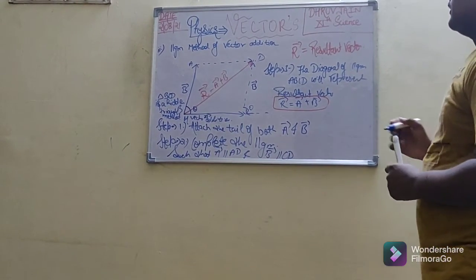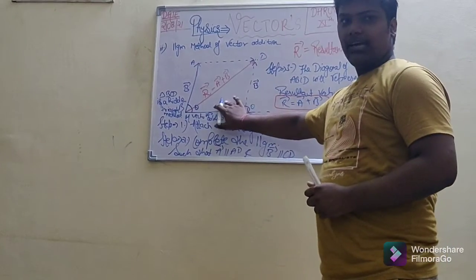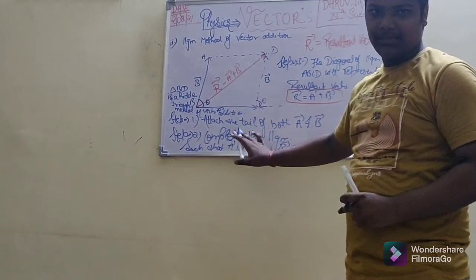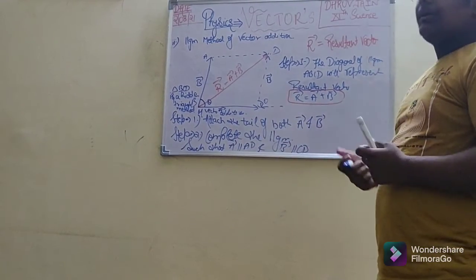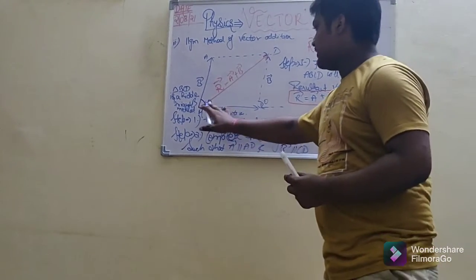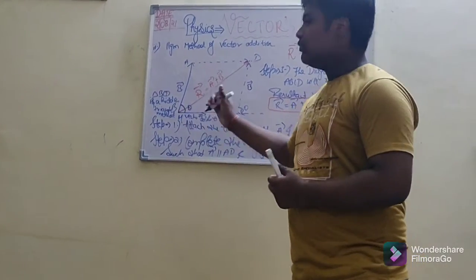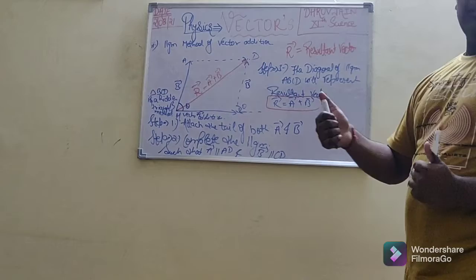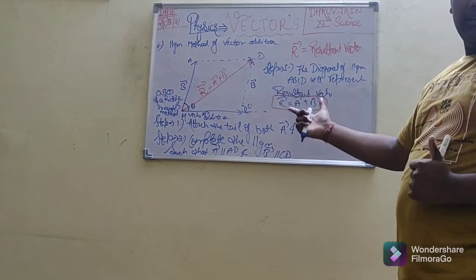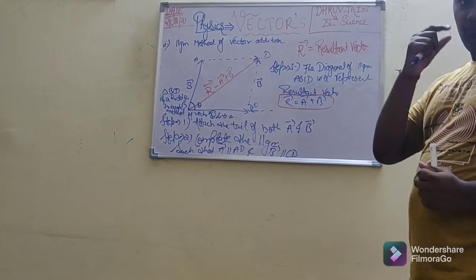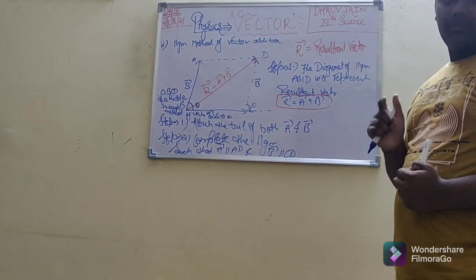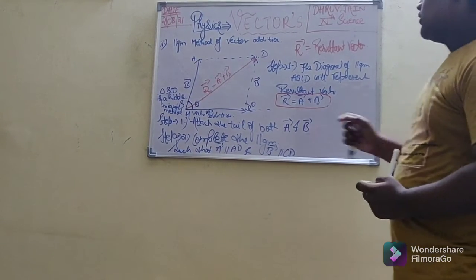That these methods that I have told, triangle method and parallelogram method, these are constructive methods. In this, firstly you have to make the magnitude by scale, you have to make the angle by protractor. But in the exam you will not do such a big method. There is one more method, a formula method, which is known as the analytical method, which I have discussed previously in the starting of the video.